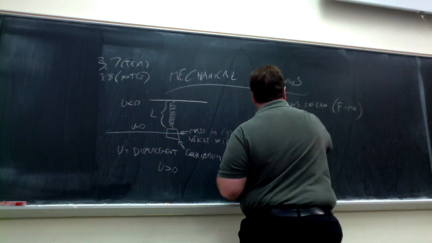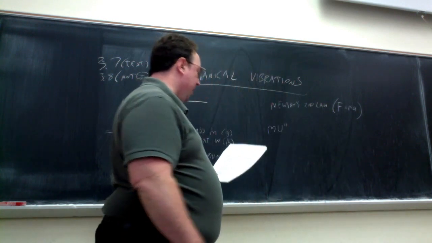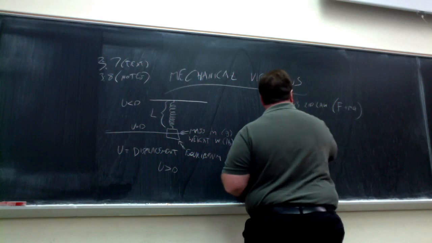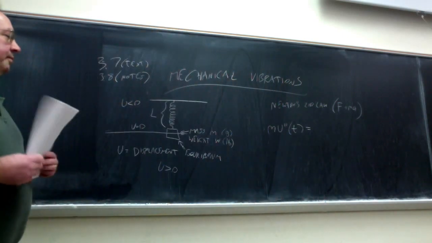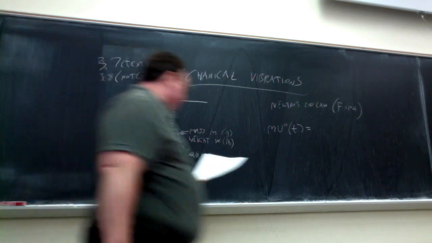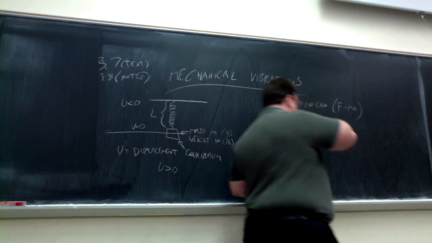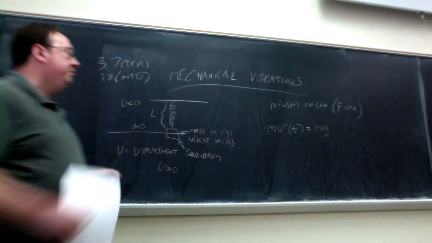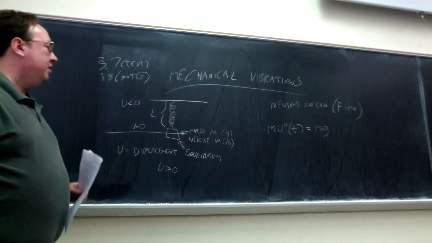So I have mass times acceleration, which is u double prime of t. And then any forces acting on the object, we just sum up all these forces and put them on the other side. So we have the force due to gravity, mg, and it's positive because gravity is acting downward, but downward is our positive u direction.